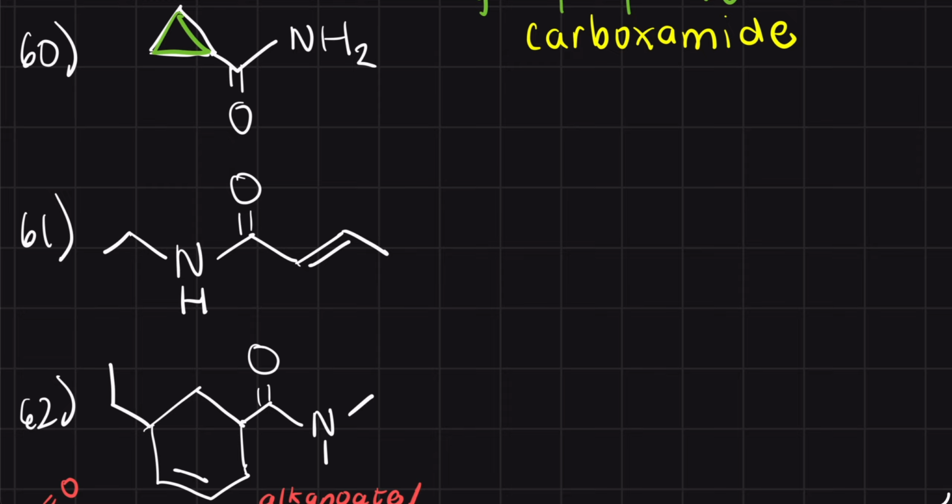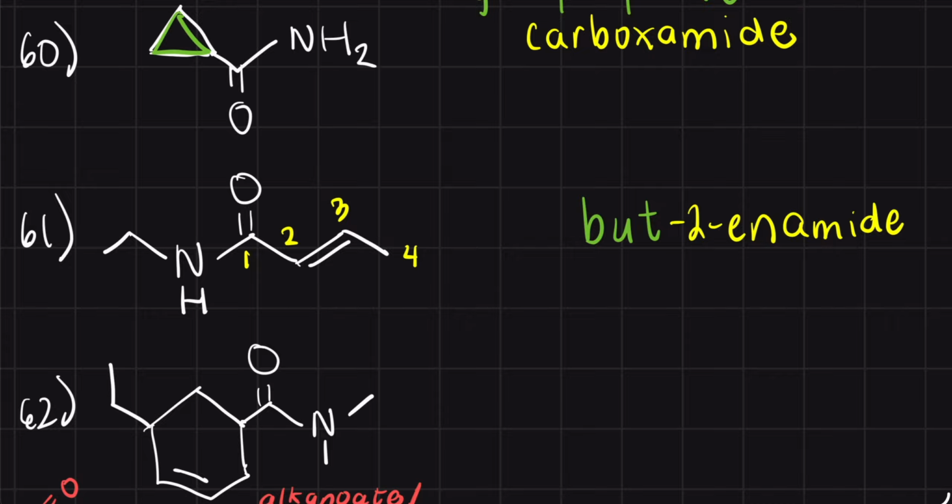So it would now be 1, 2, 3, 4. So that's gonna be but. But you don't anymore write AN because you have a double bond between 2 and 3. So that would be 2EN. So we write that but 2EN, and then the usual suffix for open chains, amide. I don't see any conflict because we have consonant, vowel, and then consonant, vowel.